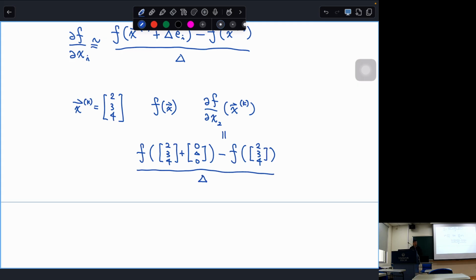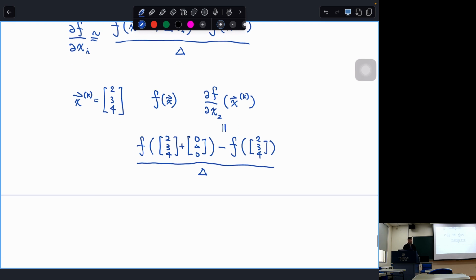So that's how you can numerically estimate the partial derivative. It's not accurate, but at least you can compute the derivative even though you don't know the function form. So in reality, in many cases, we actually estimate the derivative by finite difference.